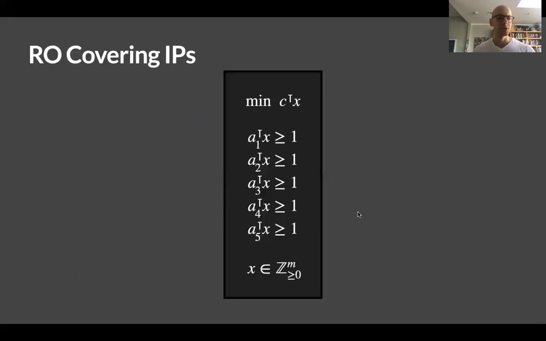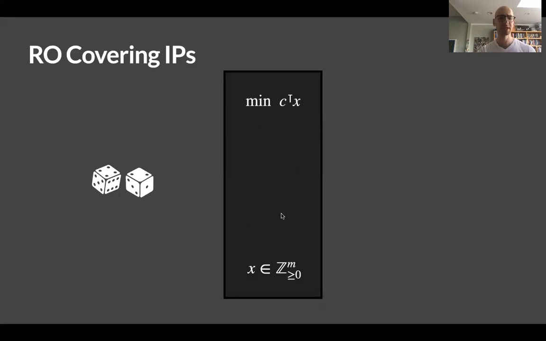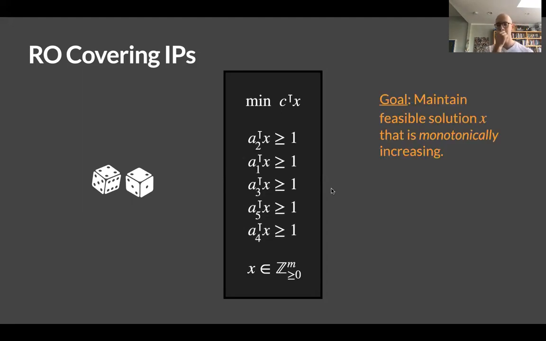Let me just briefly mention what the covering IP problem is. So here's the problem. An adversary is going to choose a covering IP instance, and the constraints are unknown to you initially. The adversary rolls some dice and then shows you these constraints to the covering IP in random order. And the goal is to maintain a feasible solution X to this IP.